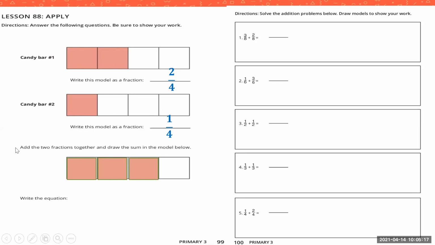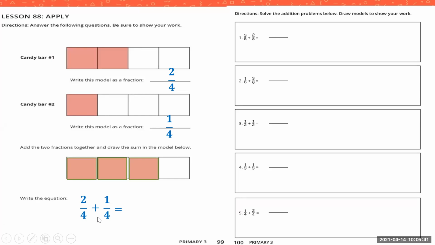Okay, now I want to add the 2 fractions. These 2 fractions, I want to add them. So the total will be 2 over 4 plus 1 over 4 equals, I will put 4 as it is.